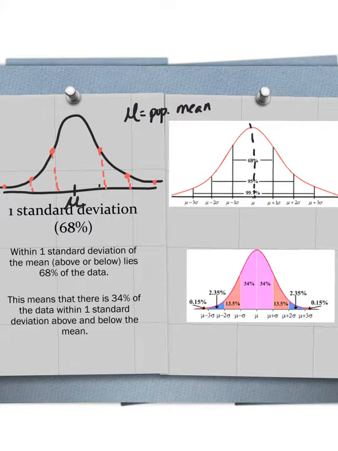And an inflection point represents a standard deviation. So notice underneath this curve, there are 3 points to the right, 3 standard deviations to the right, and 3 standard deviations to the left, for a total of 6 standard deviations under this curve. Every normal curve has 6 standard deviations underneath it.